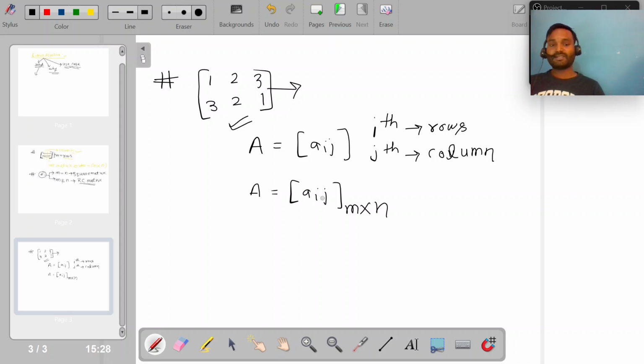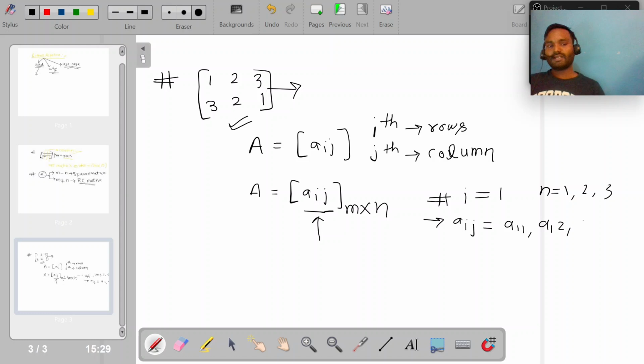This tells us about the position of an element in the matrix. Let me take i equal to 1 and j equal to 1, 2, 3. Then a_ij gives a11, a12, a13, like that we can write.